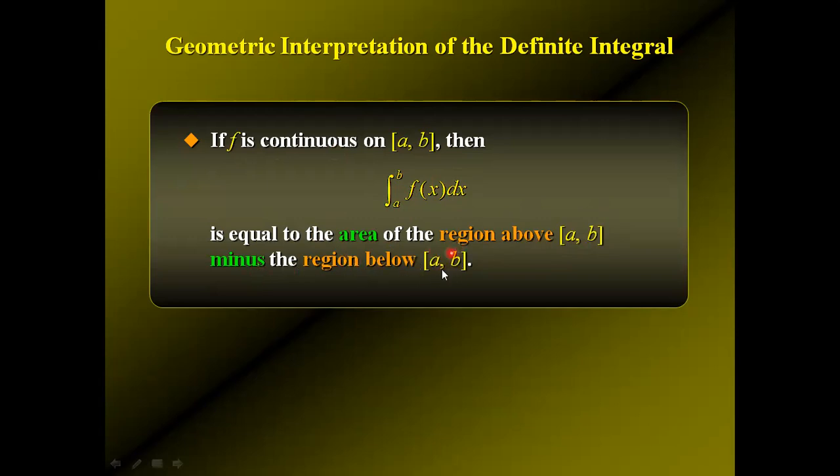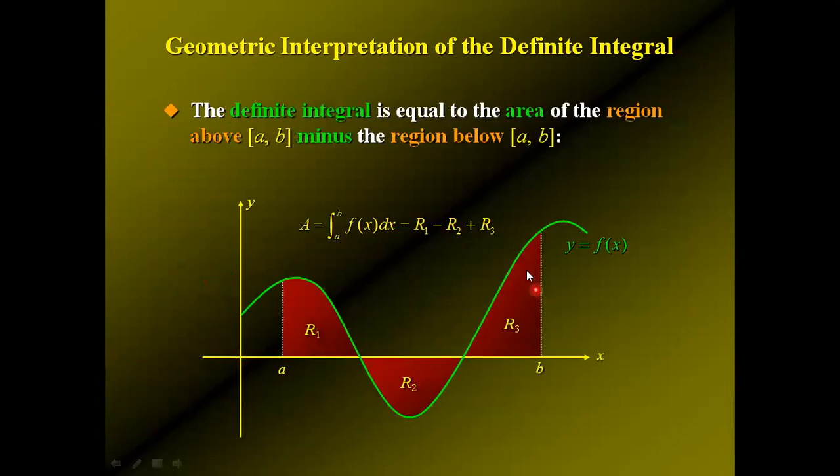If it is below, then it will be minus, and if it is above, then it will be positive. Suppose this is the first region R1, this is the second region, and this is the third region.